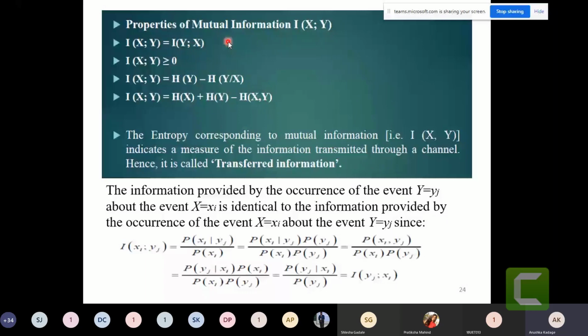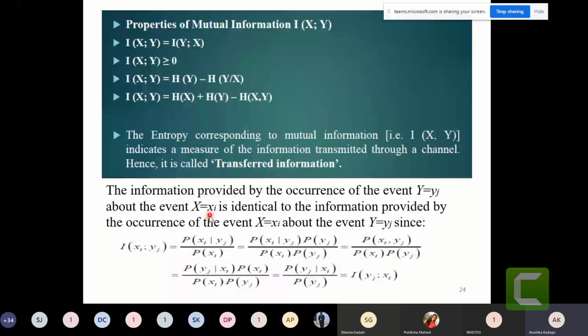So here we are starting again with the event occurrences at the transmitter end and at the receiver end. Already we have mentioned that event Y will be indicated by individual symbol occurrences of yj, and event X will be indicated by individual event occurrences as xi.